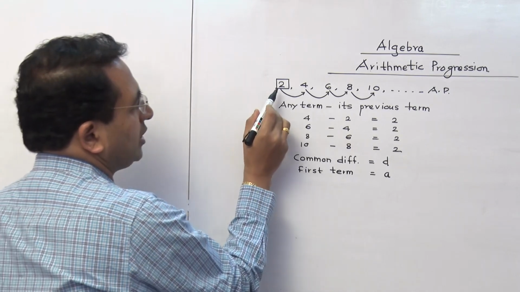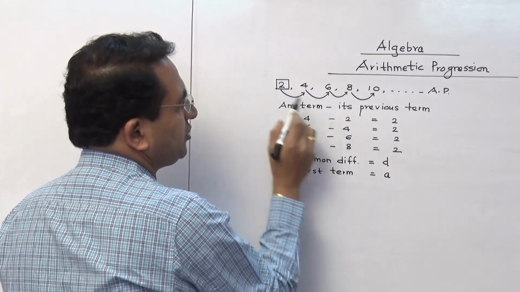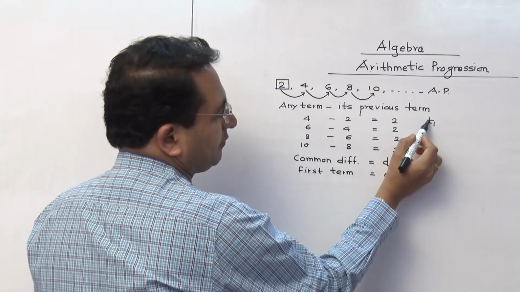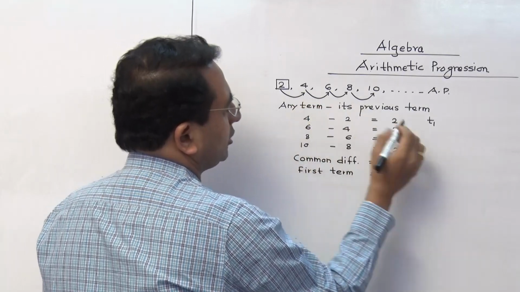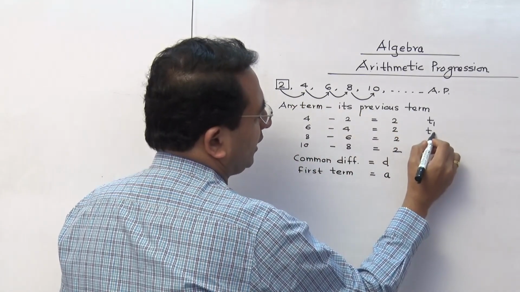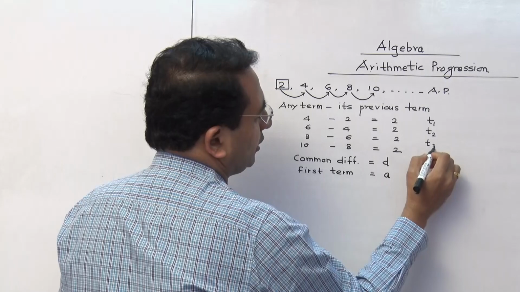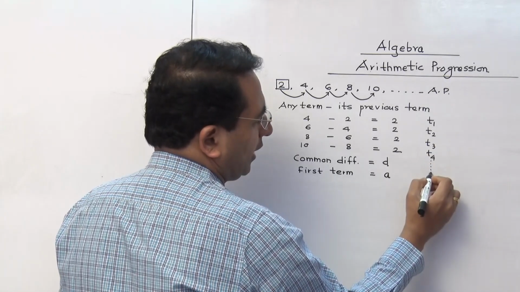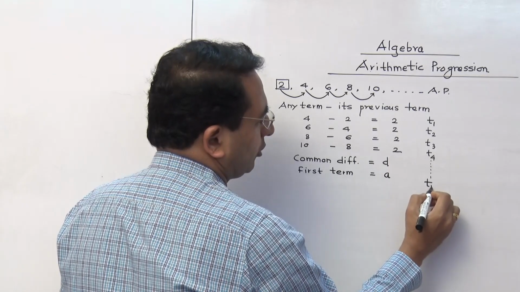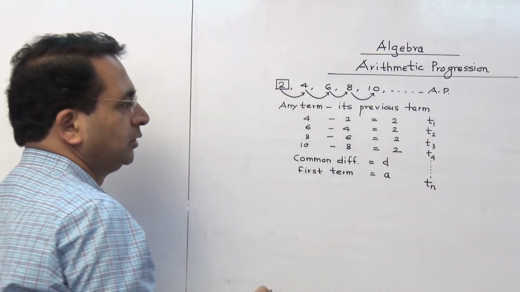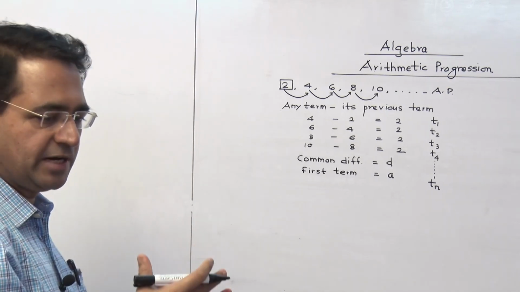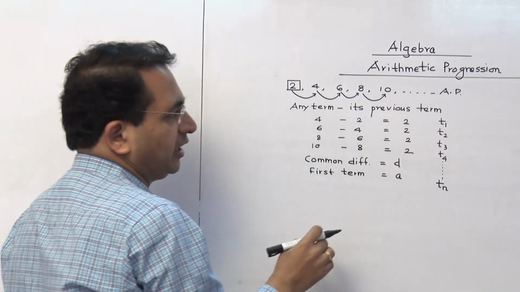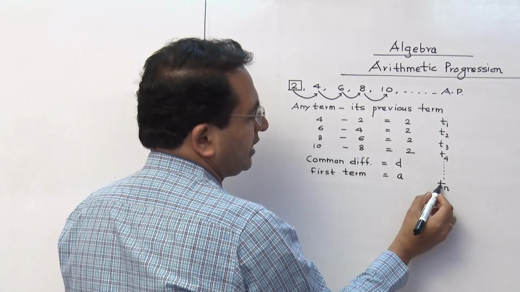Now this is called the first term, which is written as T1, T suffix 1. Second term is 4, that is what we write as T2, T3, T4 and so on. The nth term means whatever sequence you have decided. Suppose there are 20 terms in that arithmetic progression, then it is written as T20.